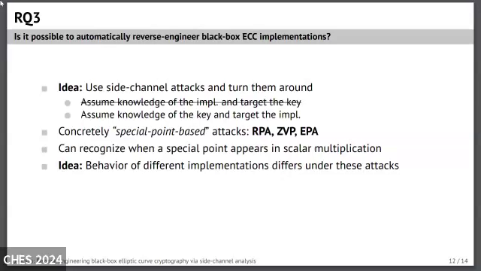Now, what's the idea behind this automated reverse engineering? The main idea, I think, is quite simple, and also quite elegant: you use side channel attacks and turn them around. These side channel attacks, as I mentioned at the start, assume knowledge of the implementation and they target the key. So what happens if we just assume knowledge of the key, or maybe even control of the key, and target the implementation?